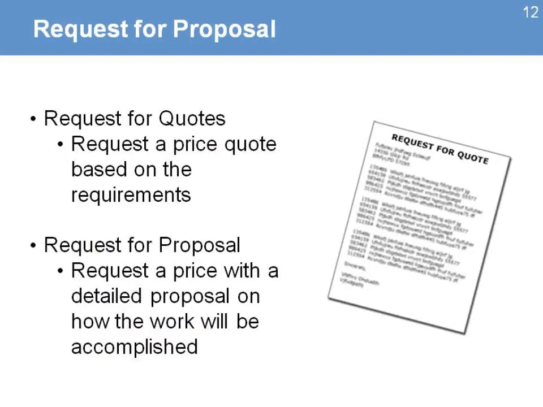Once you have that list and you more or less have a good number of them, you can send them an invitation to see if they have an interest, or you can then guide them through the process and give them information for a request for a proposal.